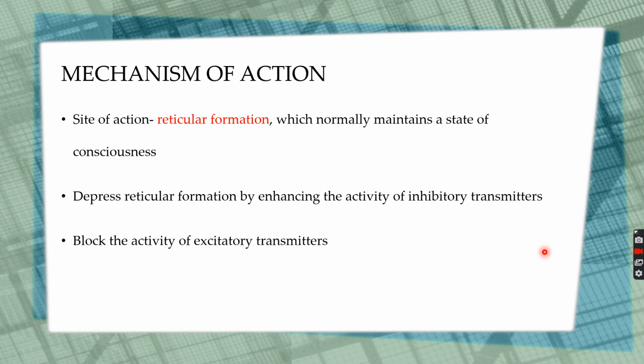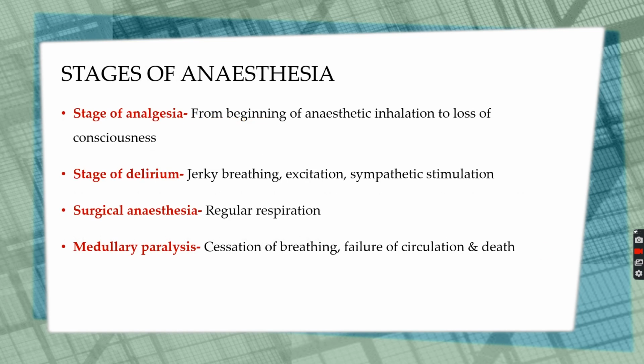Or we can block the activity of excitatory transmitters, an example for which is glutamate. So general anesthetics depress the functioning of the reticular formation either by increasing the activity of inhibitory transmitters like GABA, or by reducing the activity of excitatory neurotransmitters like glutamate.